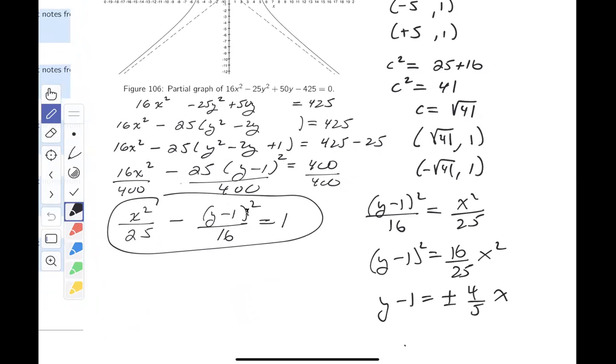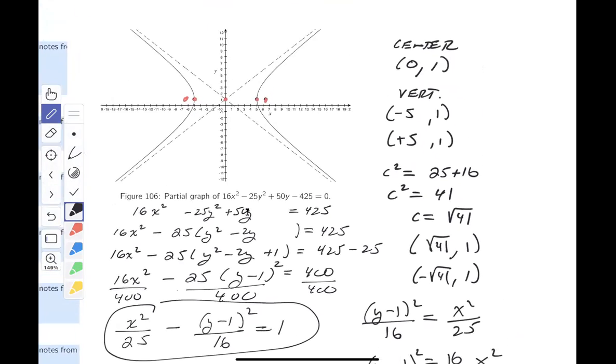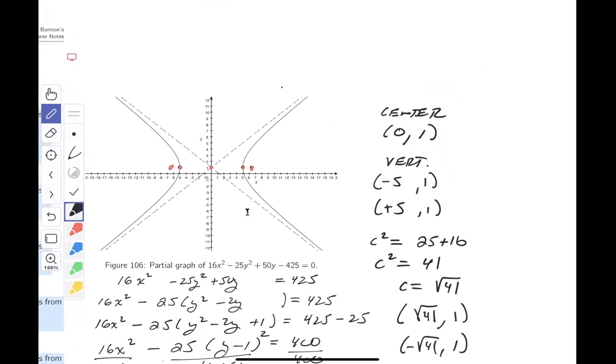Well, I typically solve for y because that's what you did in Math 100, not that you have to do that, but y equals 1 plus or minus 4/5 of an x. Again, if you're looking at the key, you also see that. I want to go back to the picture and point out where those lines are. This is the line y equals 1 plus 4/5 of an x, and this is the line over here, y equals 1 minus 4/5 of an x.